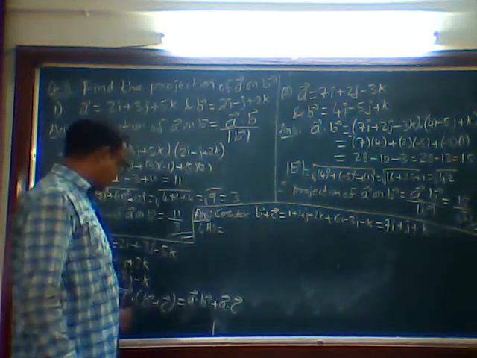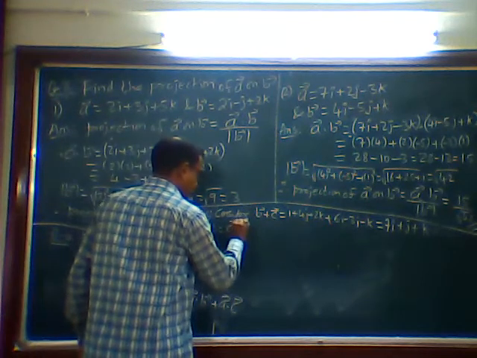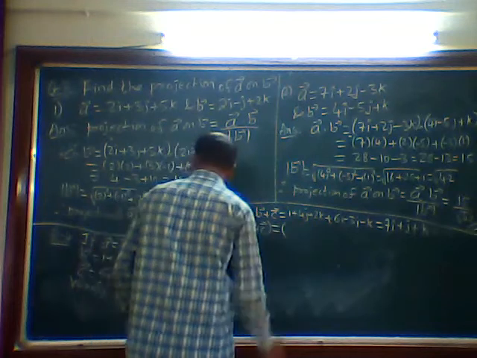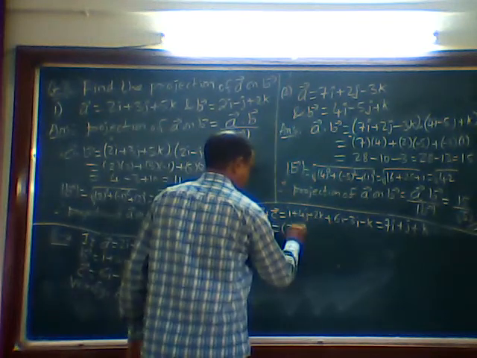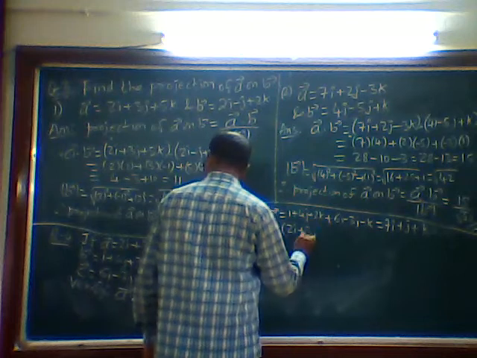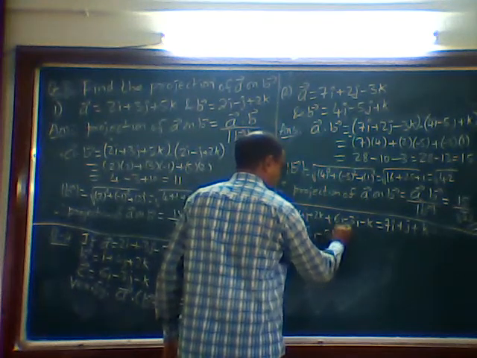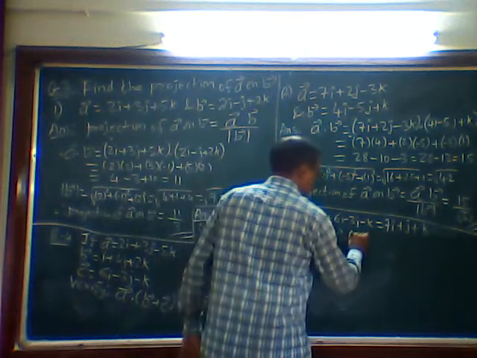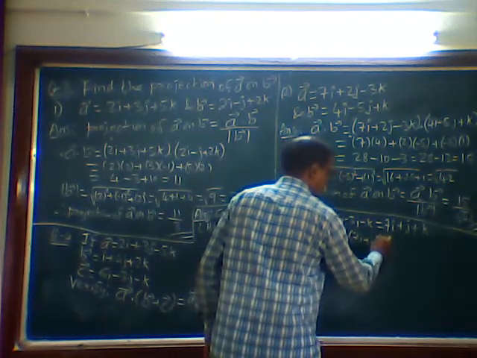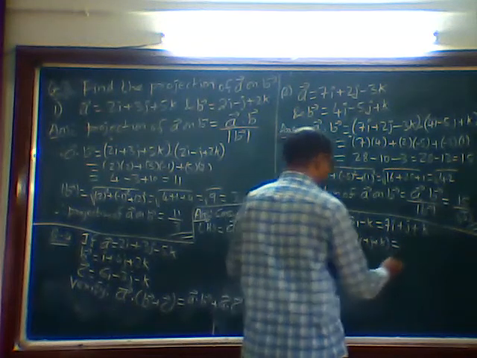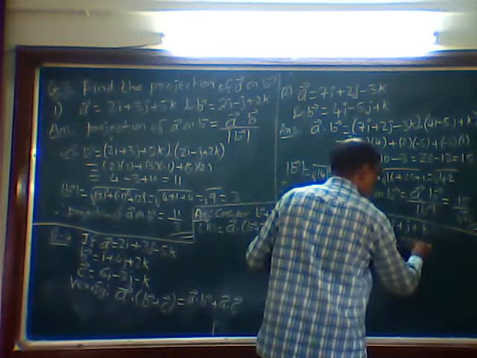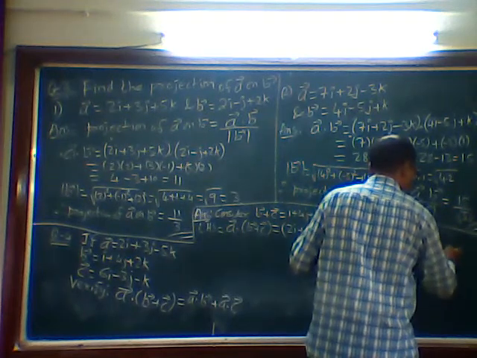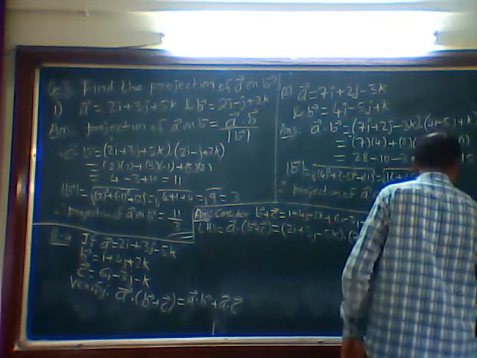Then I will say LHS. What is LHS? a bar dot (b bar plus c bar). What is a bar? 2i plus 3j minus 5k dot (b bar plus c bar), which is 7i plus j plus k, is equal to 2 into 7, plus 3 into 1, minus 5 into 1.